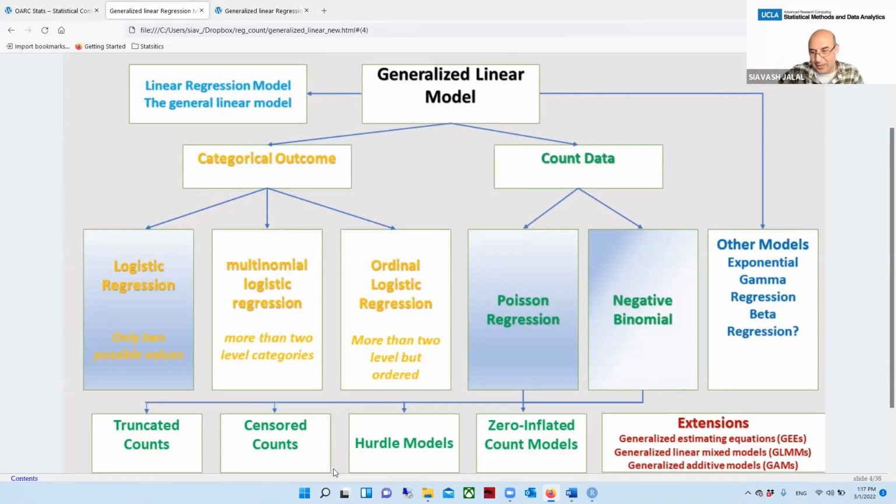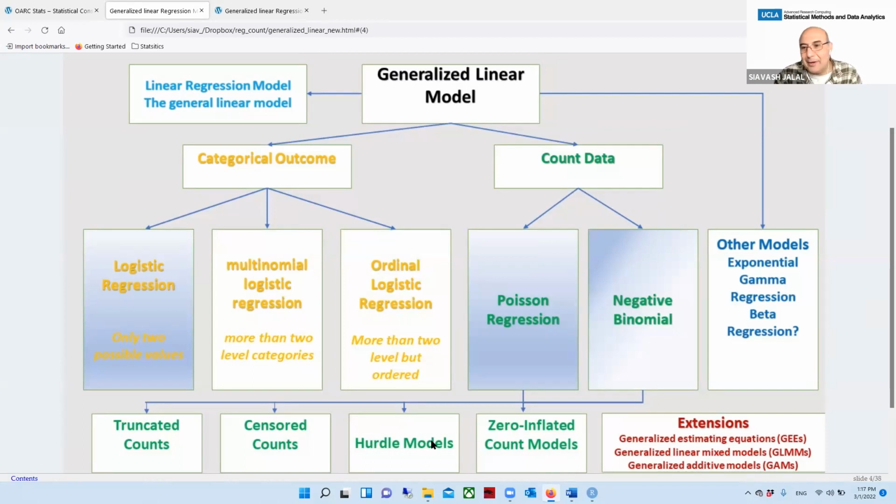There are hurdle models, and there is the zero inflated count model. A hurdle model is a kind of mix of 0 and 1, and then a truncated count, which doesn't include 0. So in the count part, you don't observe any 0. So it's a mixture of two models. The 0 is because of something else.